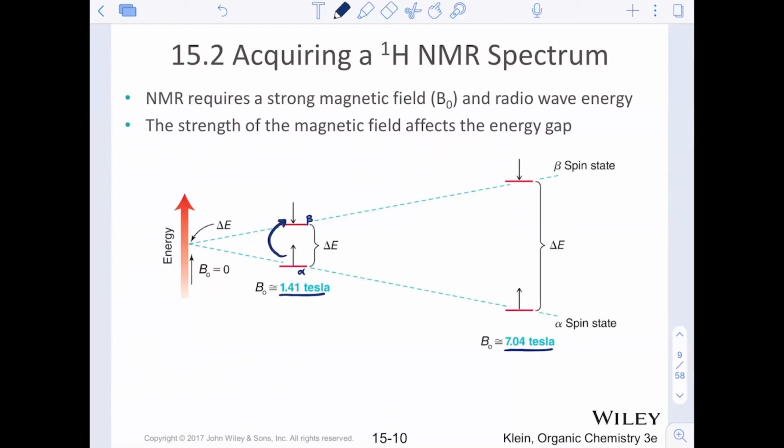The radio energy wave required to resonate between the alpha and the beta spin states is not that great, right? The stronger the magnetic field, the greater the distance between the alpha and the beta spin states. Why this is good is we get a more sensitive NMR, we get a better reading. And so that idea of being able to see the different types of environments around each nuclei becomes a little bit easier to see.